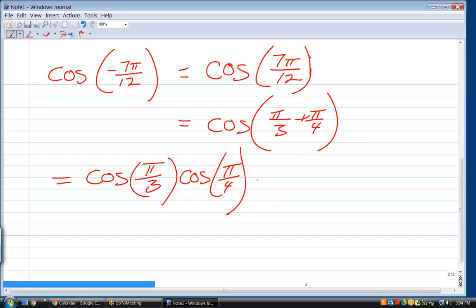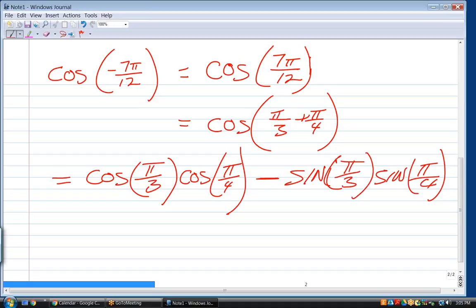And then when I get to sine, is it plus or minus? It's minus. Correct. And then the next two terms are both sine, so they're easy enough to remember. What goes there? What goes there? Pi over 3 in the first one, then pi over 4.